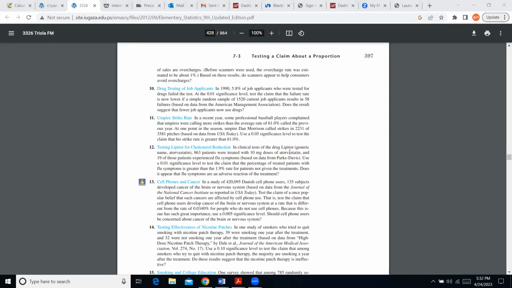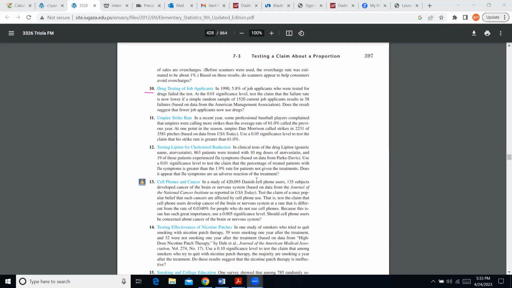So we already see various possibilities when people do the tests about proportion for a population based on the sample proportion. For example, if I look at exercise number 10, someone applies for a job and has to go through drug testing, and that's referred to year 1990.